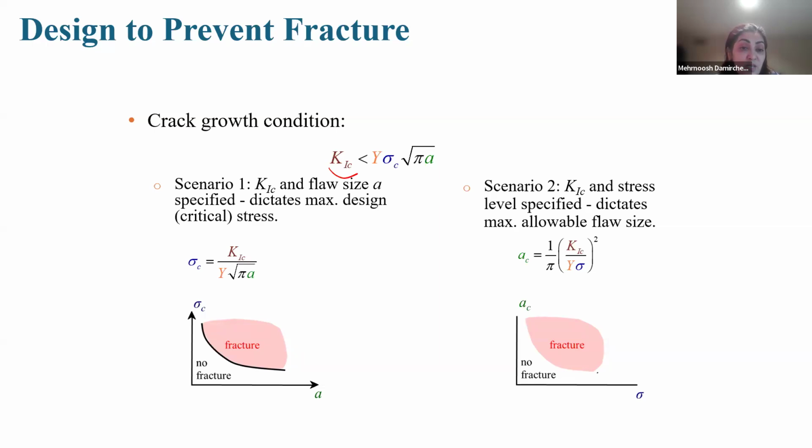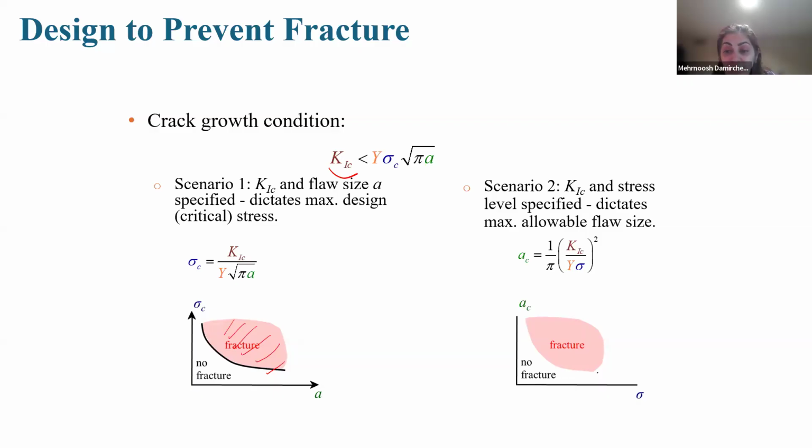Critical stress should be K1C divided by Y root pi A. K1C is a property of the material; for different materials, we have different K1C. When sigma C is more than this limit, fracture will happen.